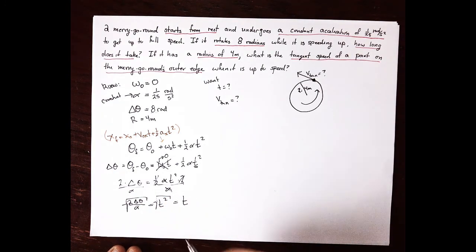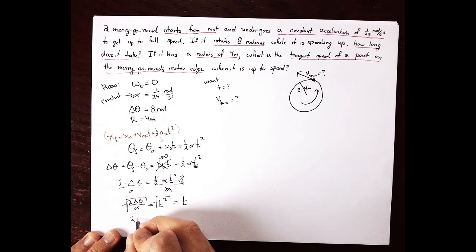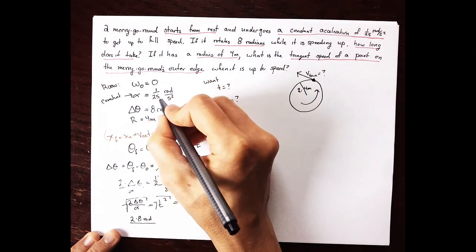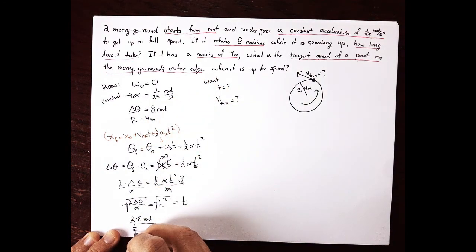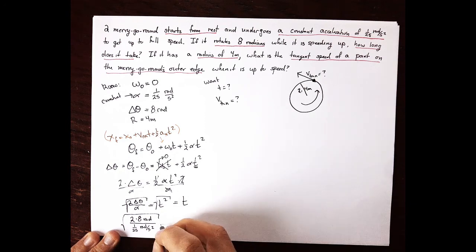Okay, so now let's plug in the things that we know. Delta theta is 8 radians. So 2 times 8 radians. Alpha is 1 over 25 radians per second squared. All of that is square rooted, so I've just subbed in the things that I know.